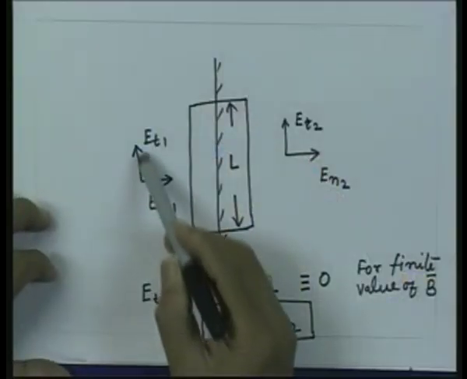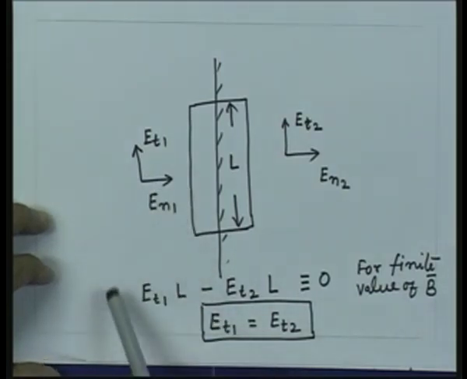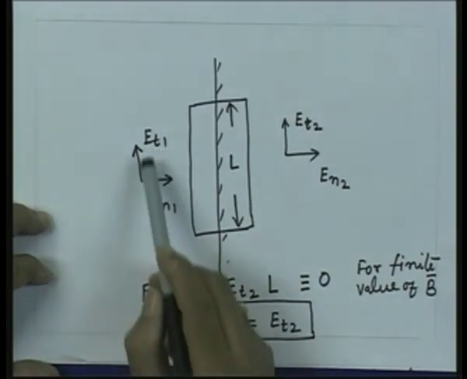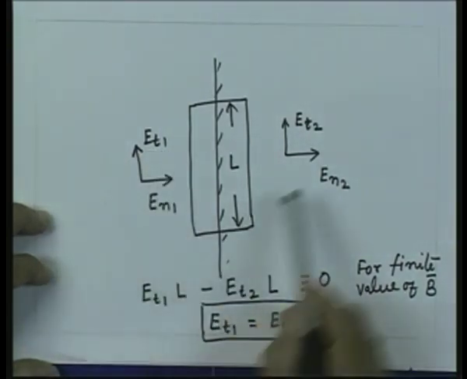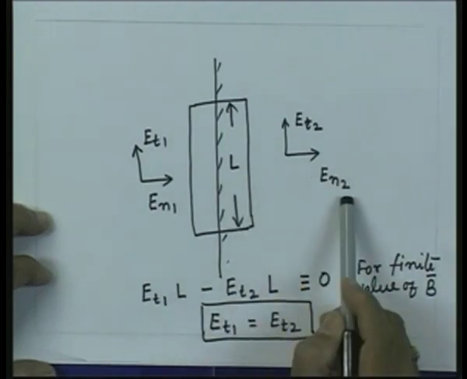So, let us say I have a dielectric medium, and in medium 1 we have an electric field which I can resolve into two components, the normal component, given by En1, and the tangential component, represented by Et1, and in medium 2 again I can represent the normal component as En2 and the tangential component as Et2.